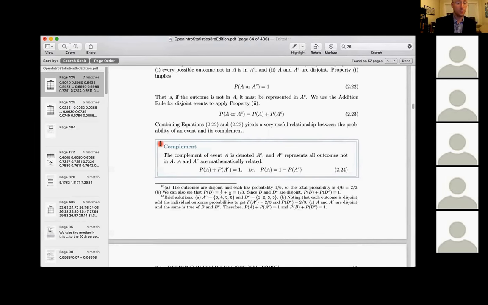It doesn't tell us what those other probabilities could be if we have incomplete information on the entire probability distribution. That's just important to remember: the complement of an event tells us the proportion, but it might not tell us exactly what's going on.